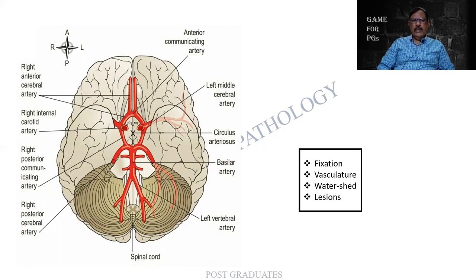Am I able to figure a hemorrhage or a tumor? Such things. And ultimately, I should realize that this strong basilar artery is used for fixation of the brain. Watershed area is another one. It is an area in between the regions of supply of two blood vessels, so that it appears in between vasculature, goes in for infarct.